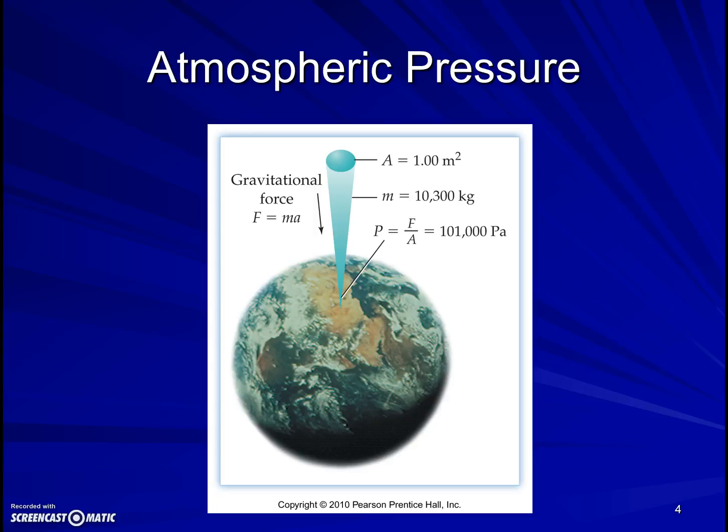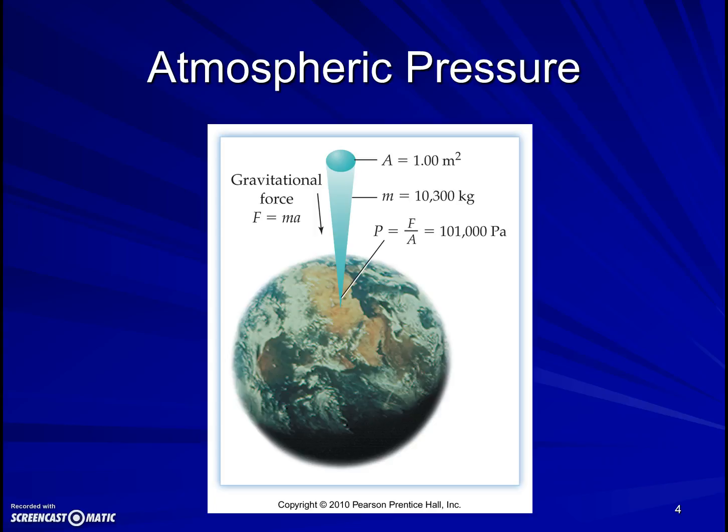So the question comes up, why does the atmosphere push pressure against us, and how much pressure does it place against us? And the reason it pushes pressure against us, the atmosphere does, is because of weight.